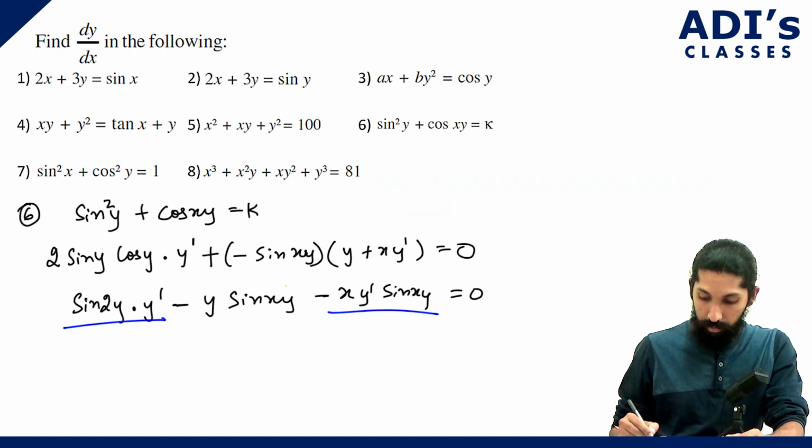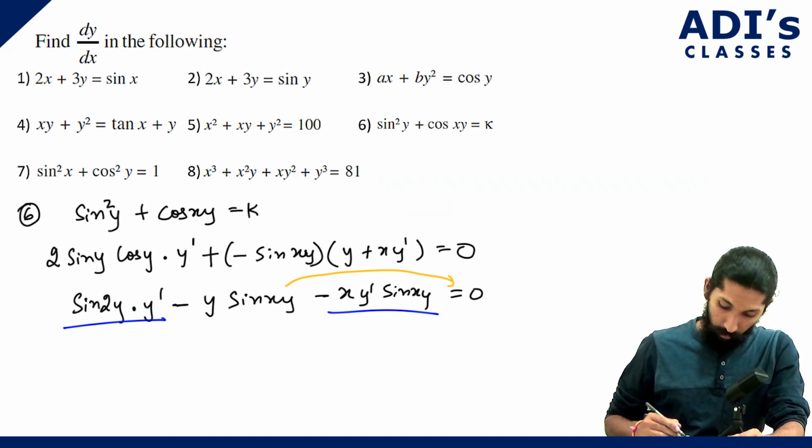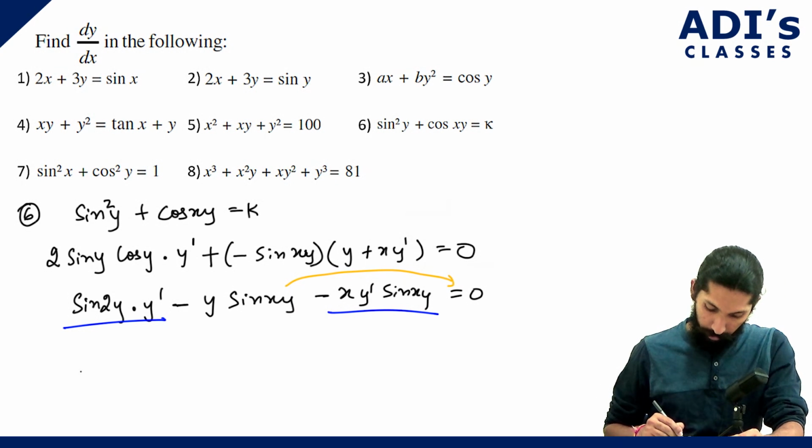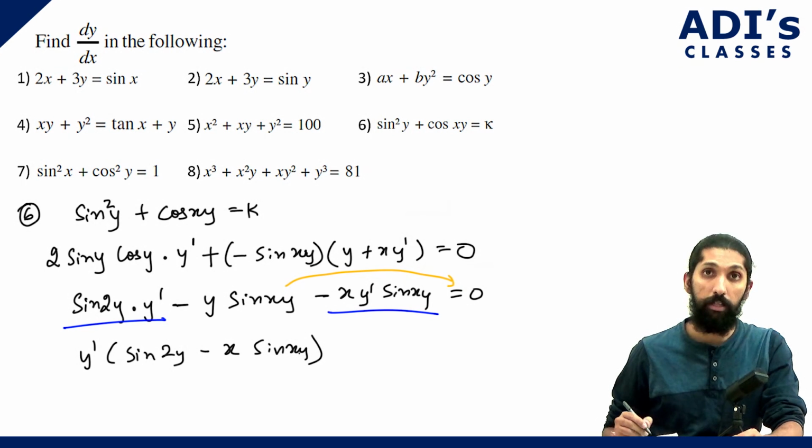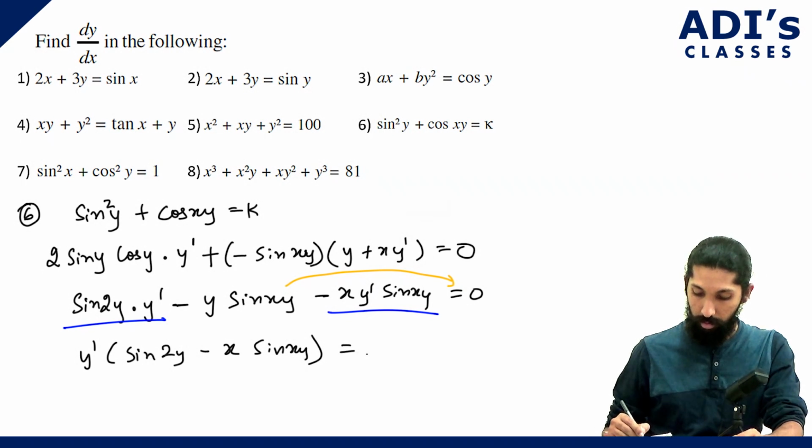Then the middle term is going to go towards this side. Correct? So take y dash common. So y dash into sine 2y minus x into sine xy. This is equal to y into sine of xy.